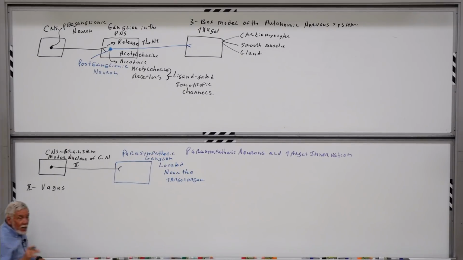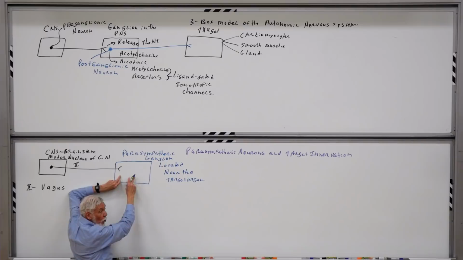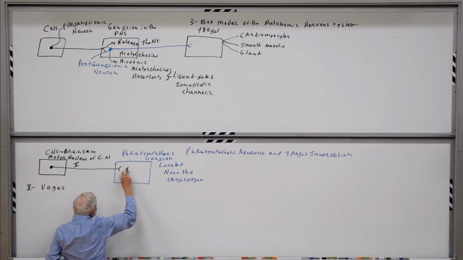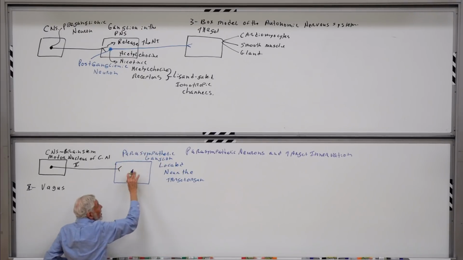Today we're going to see the parasympathetic ganglion for the heart. The parasympathetic ganglion for the heart is in fact the cardiac ganglion located in the wall of the atrium. But for our purposes right now, I just want to drive home the idea that this is a parasympathetic ganglion. It's out in the periphery.